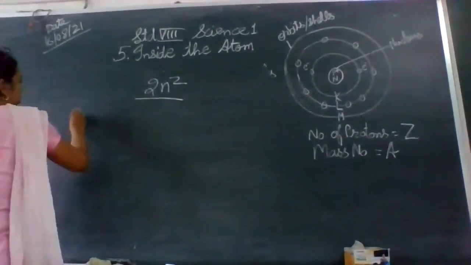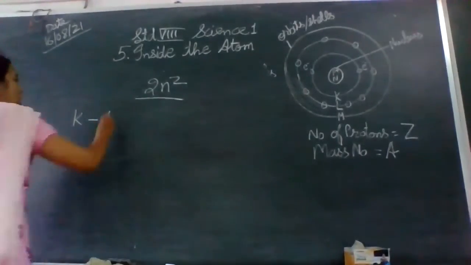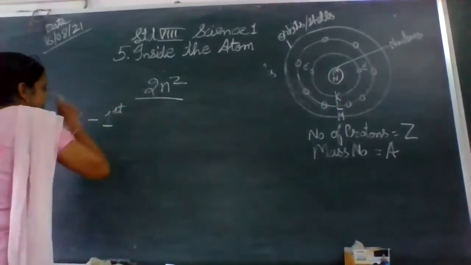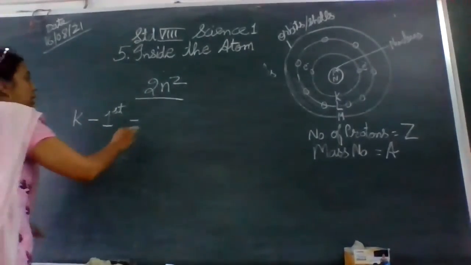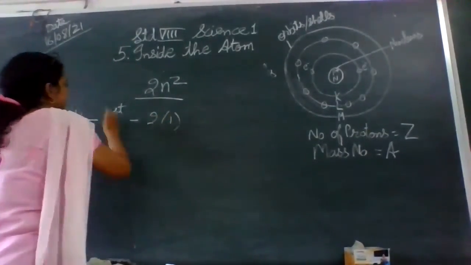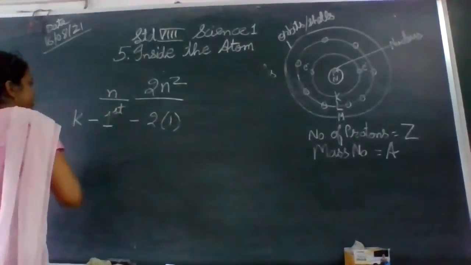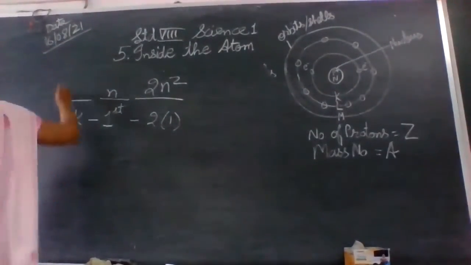As you all know, the K shell is the first shell of any atom. When we insert this number 1 in the formula, n is the number of the shell and K is the conventional name of the shell.